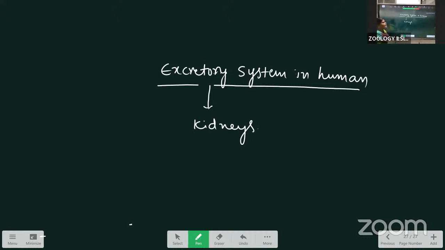They are bean shaped, and inside the kidneys there are a number of units called nephrons, millions of structural and functional units. The nephrons are the structural and functional units of the kidney.